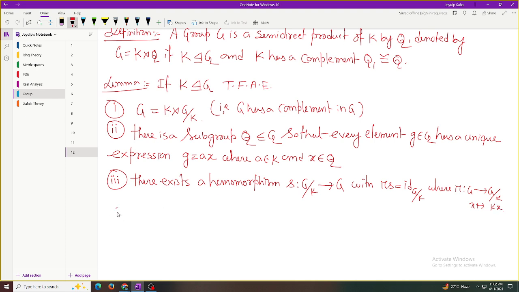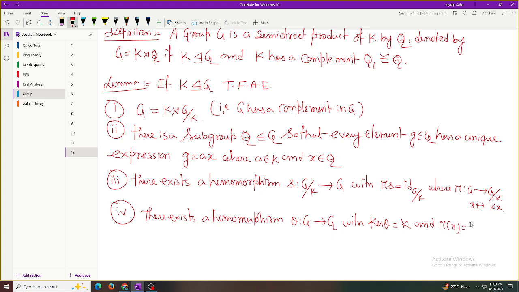Number 4, there exists a homomorphism theta, with K and X for all X in the image of theta.